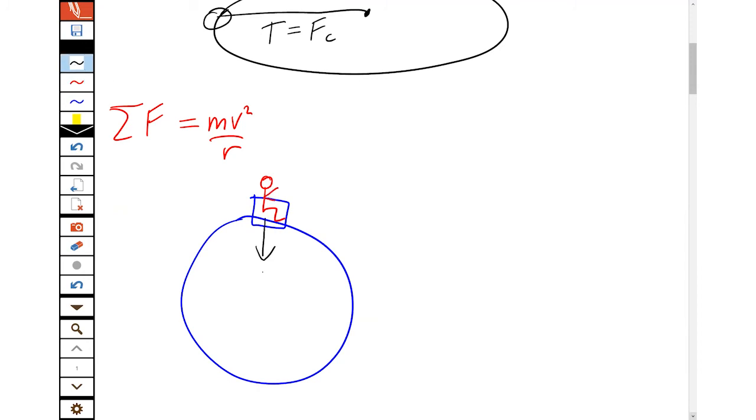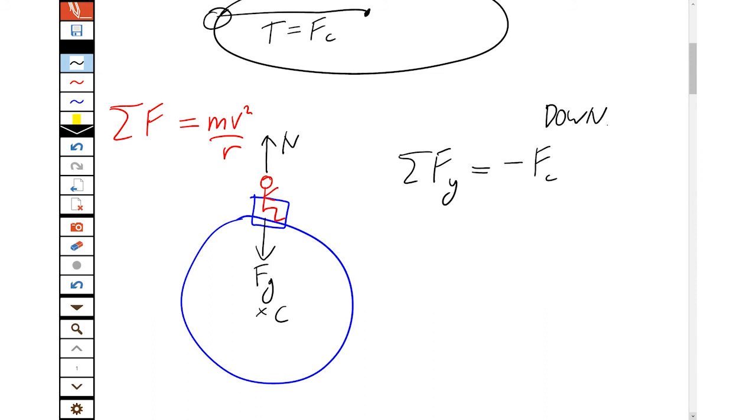And so you have the weight acting down and the normal force with the seat that you're sitting on pushing up so that you don't fall down. And the center of the circle is below you. So the sum of all the forces in the y direction must be the centripetal force towards the center of the circle. So that's the centripetal force down towards the center of the circle.